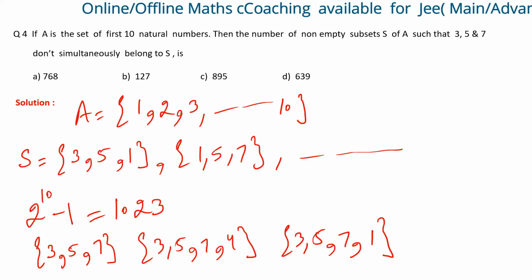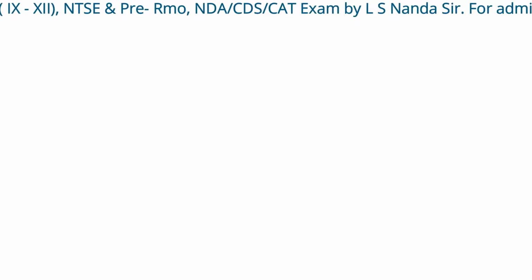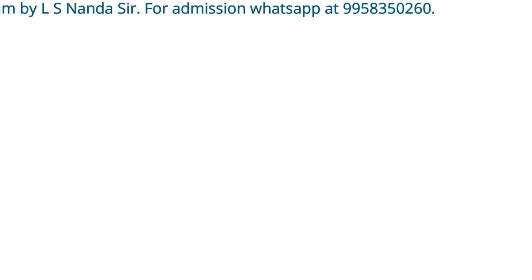Now let's move further. Now students, to find the total number of such subsets, we will be using the concept of combinations. Suppose for the set having only 3 elements 3, 5 and 7, I will be writing 7C0.